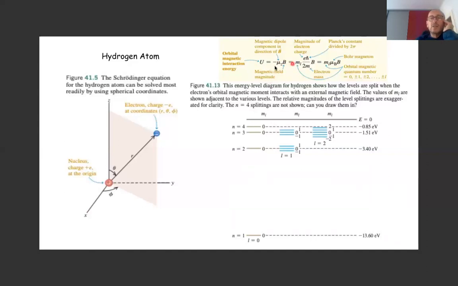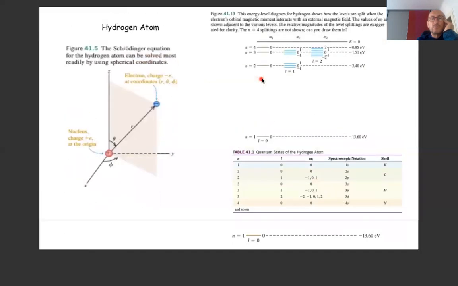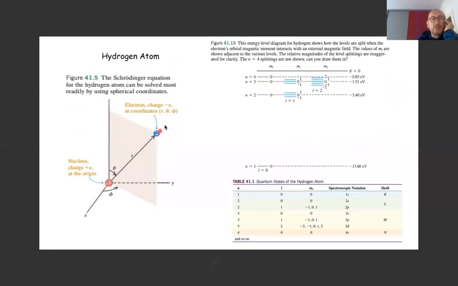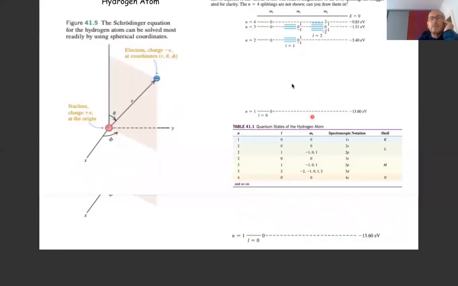You have to realize that this energy here is of the order of millivolts, compared to the energy of the electron and the nucleus, which is of the order of electron volts. And the difference in energy here between the different magnetic fields is what this graph means.